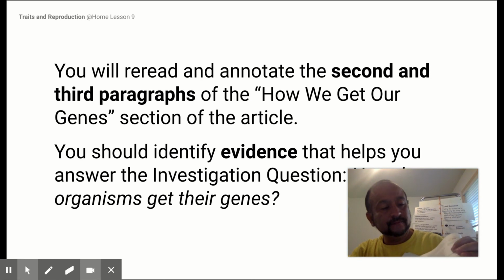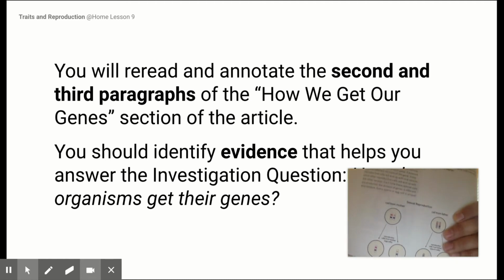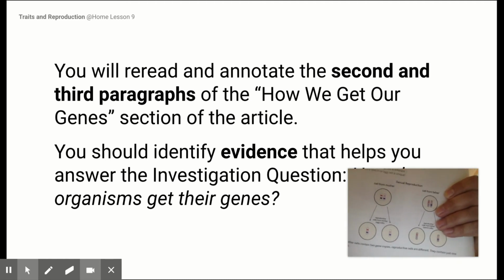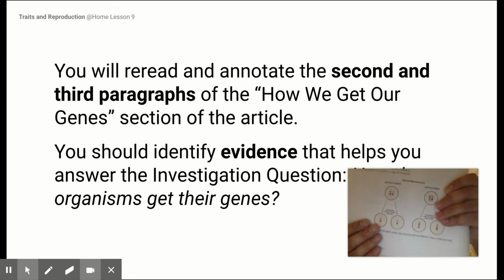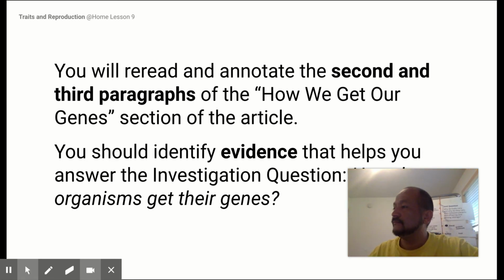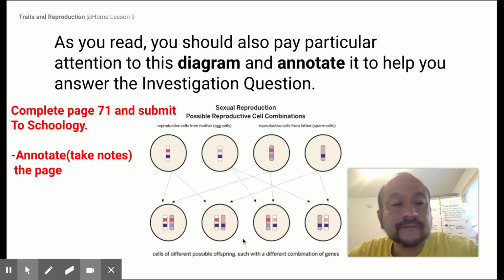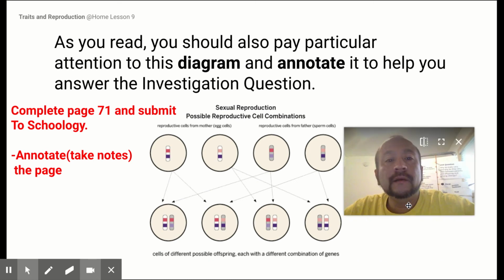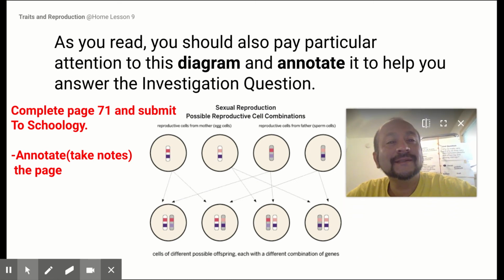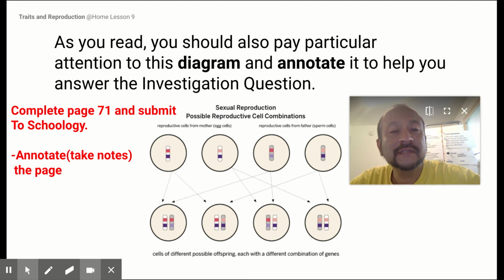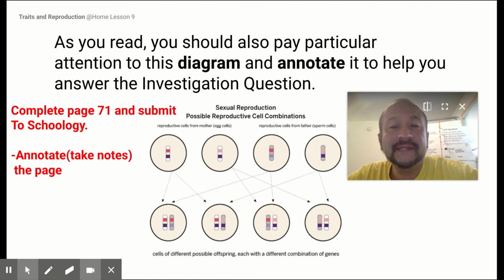And we're really going to be looking closely at this diagram that you see there. And we're going to be talking about that. Okay? And there it is again. So we're going to be paying attention to this diagram and annotating it to help us answer the investigation question.